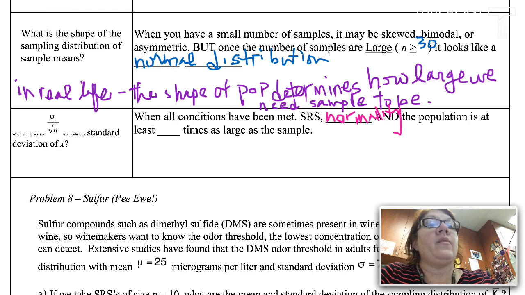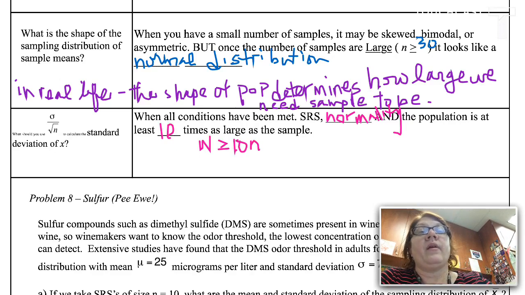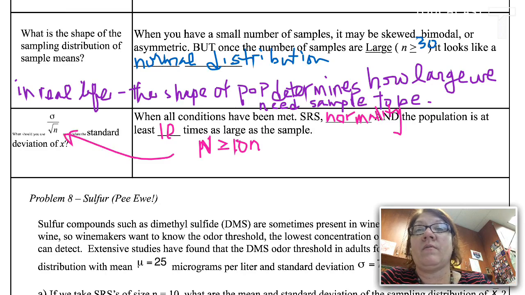The normality and the population is at least still 10 times larger than the sample size. Then I'll be able to use my formula without any worries. And by that I mean my standard deviation.